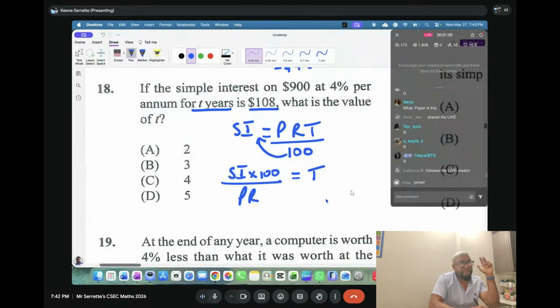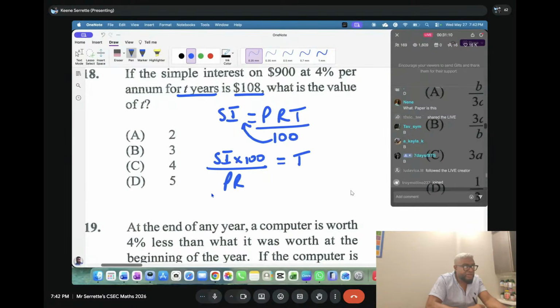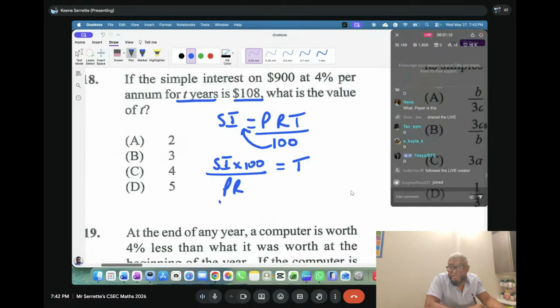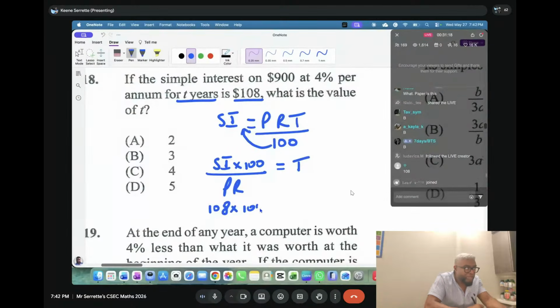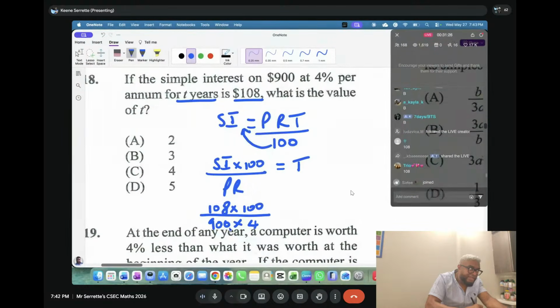Okay, so let me work it out. What's my simple interest on the 900 at 4%? 108. 108 multiplied by 100 over what's my principal? 900 multiplied by what's my rate? 4. So let me cancel some zeros here.